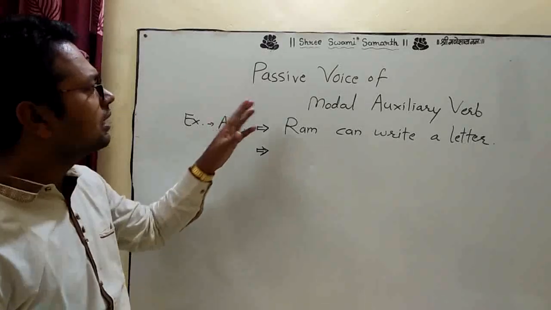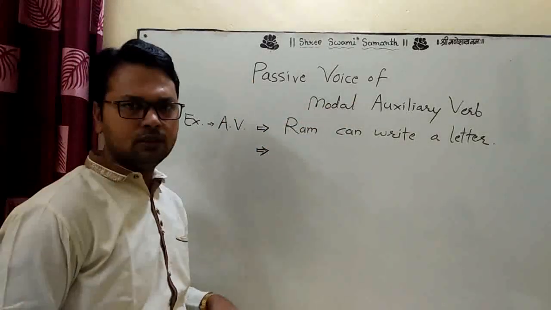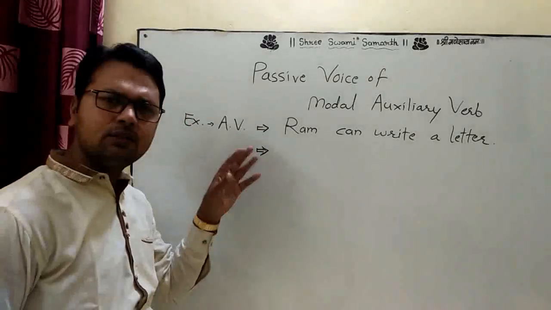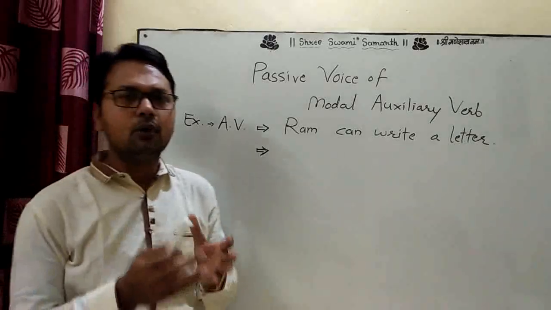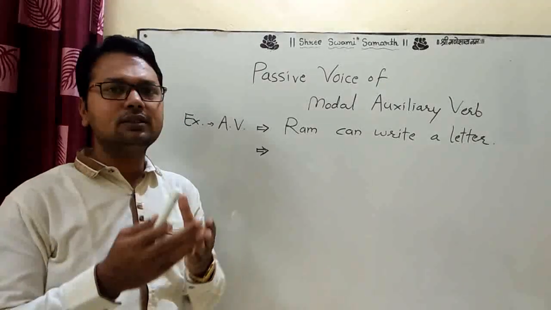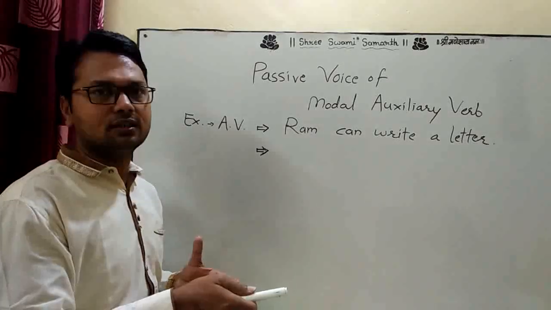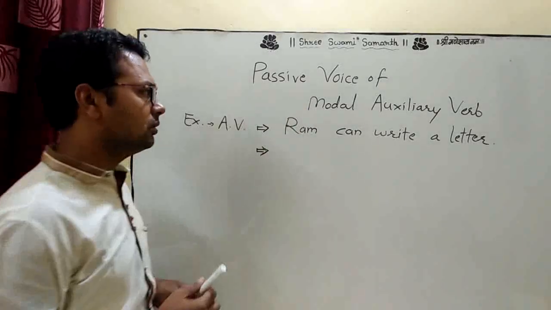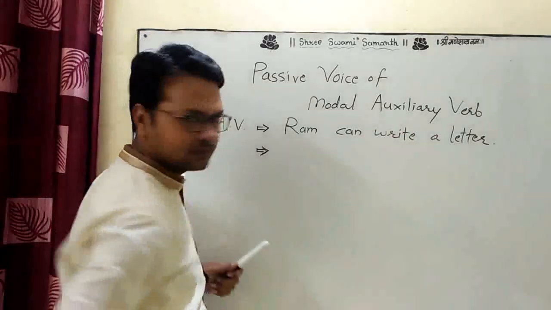Now we come to the last point, passive voice of modal auxiliary verbs. It doesn't mean that we make the passive voice of the modal auxiliary verb only; we have to make the passive voice of the sentence of the modal auxiliary verb. Let's see the sentence: Ram can write a letter.